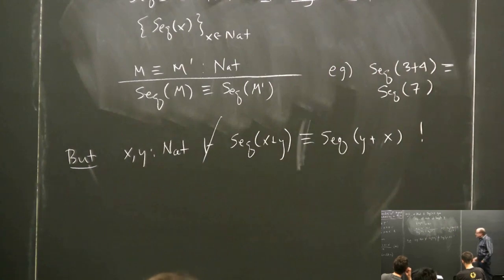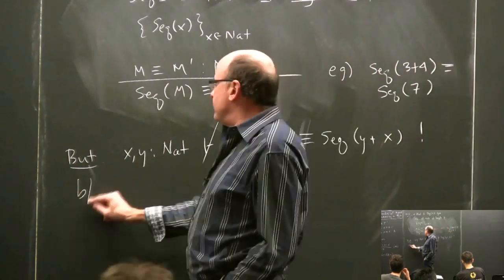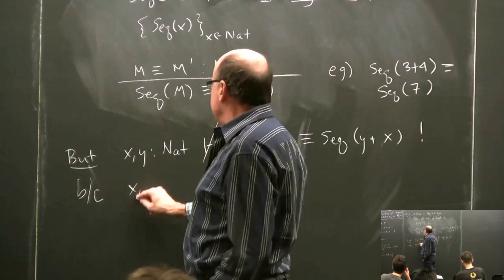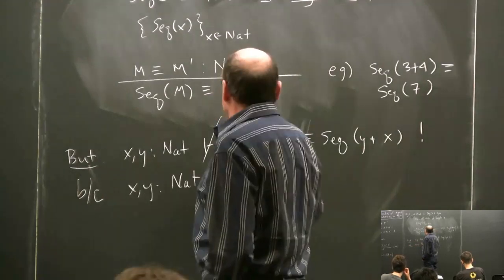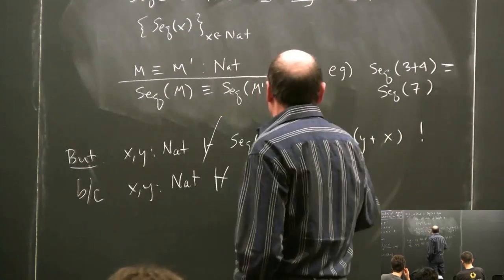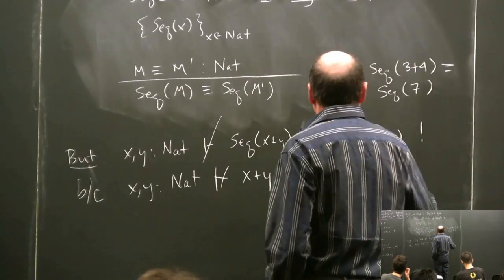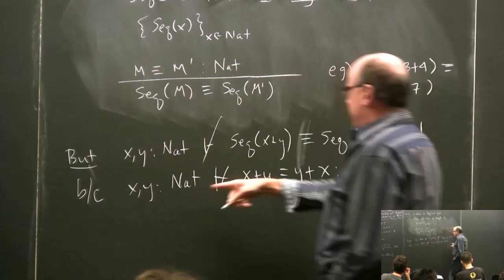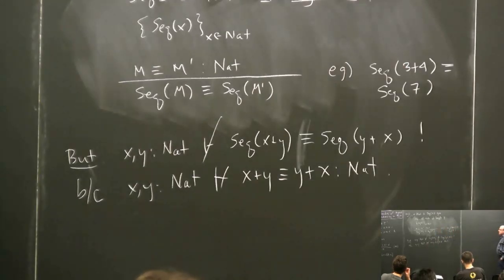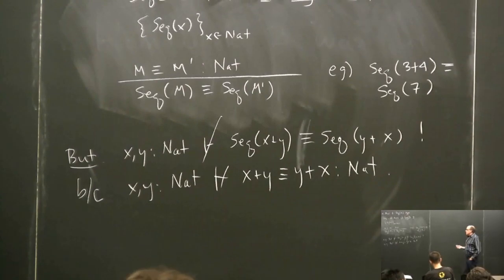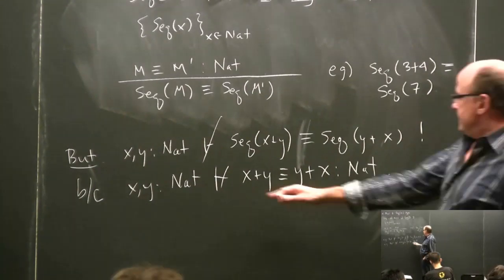And the reason is, for the subsidiary reason, that you can't derive that x plus y is definitionally equal to y plus x in nat. This is not derivable in general. Now, you might ask yourself, why is this not derivable in general?